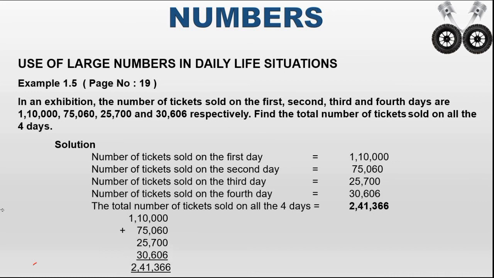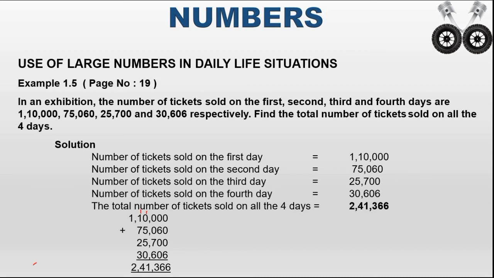Whenever I add all the values, see the last digit: 0, 0, 0 plus 6. The answer is 6. Then 0 plus 6 plus 0 plus 0, the answer is 6. Now we add 7 and 6. 7 plus 6 is 13, so 3 and the carryover is 1. Then 5 plus 1 is 6, 6 plus 5 is 11, so 1 and the carryover is 1.